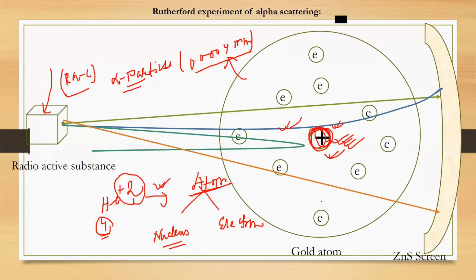Rutherford's model proposed that negatively charged electrons surround the nucleus of an atom.